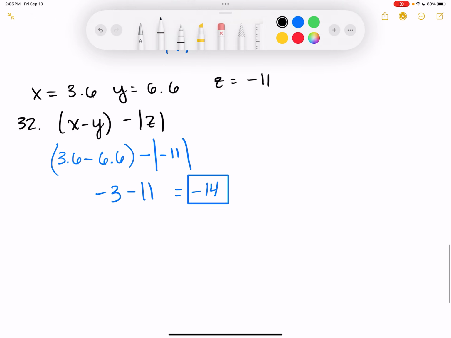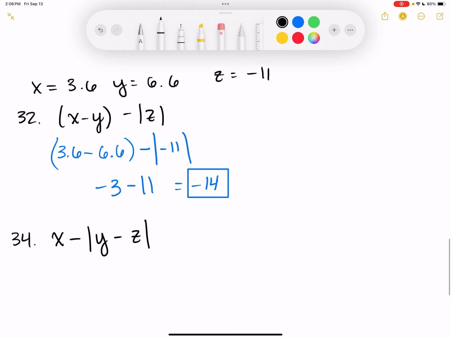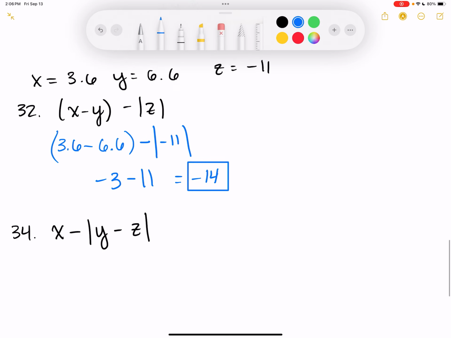Alright, our last one, and then we'll have the rest of the time to work on your homework problems. X minus the absolute value of y minus z. So we plug in the numbers they gave us, 3.6 minus the absolute value of 6.6 minus negative 11. What happens inside this absolute value?